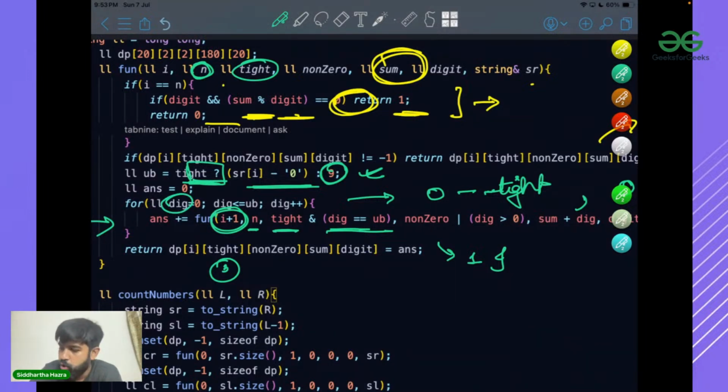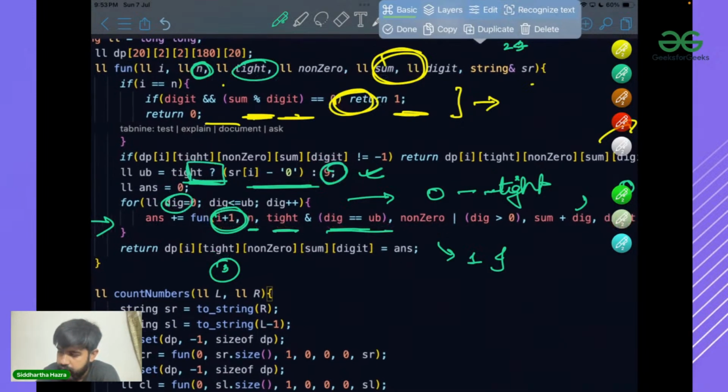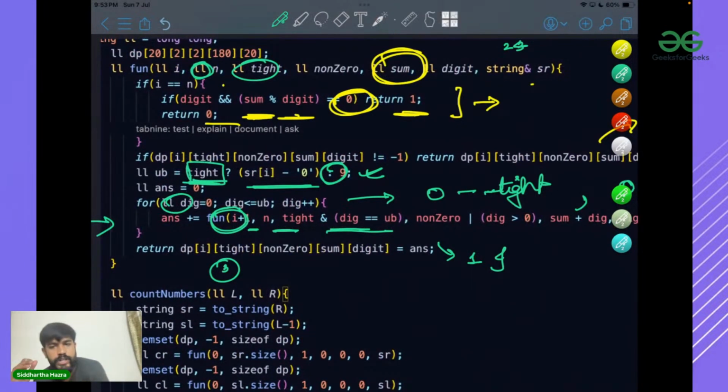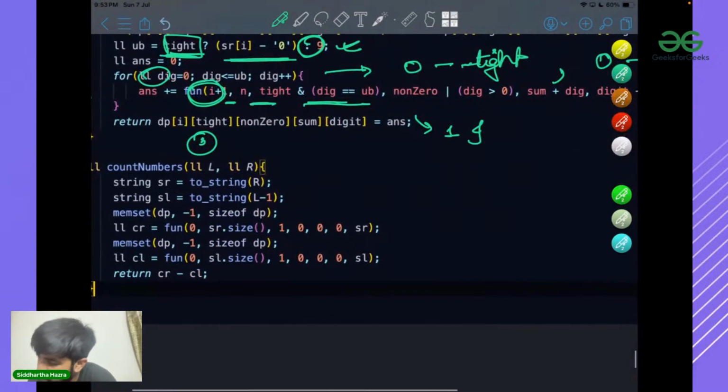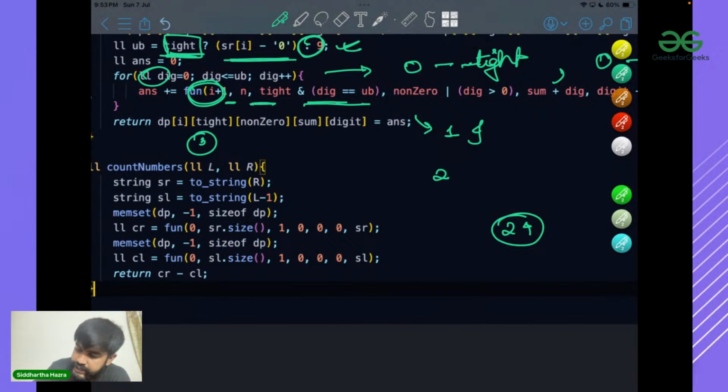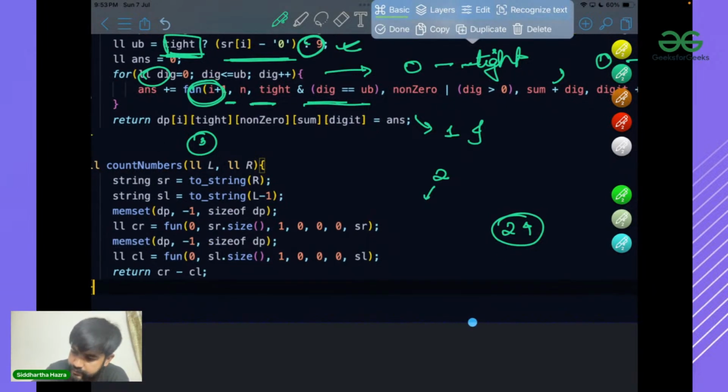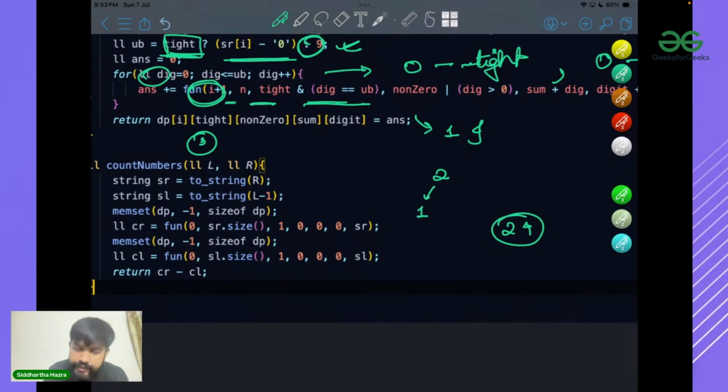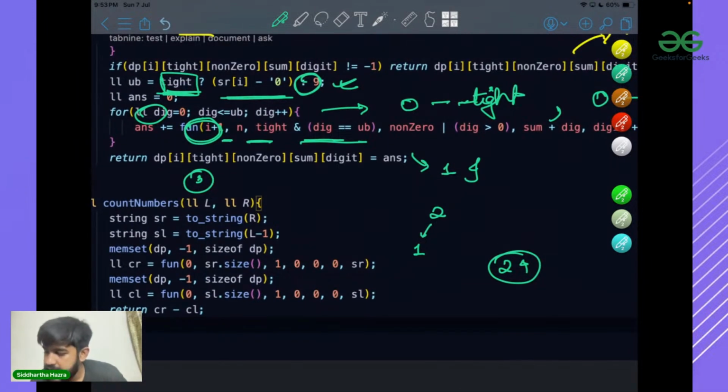Let's say we are told to find the value till 24. After 20, I tried to assign 1 to it. Then if you observe, tight would be equal to 1 because I got a tight that yes, keep this as 4 only.